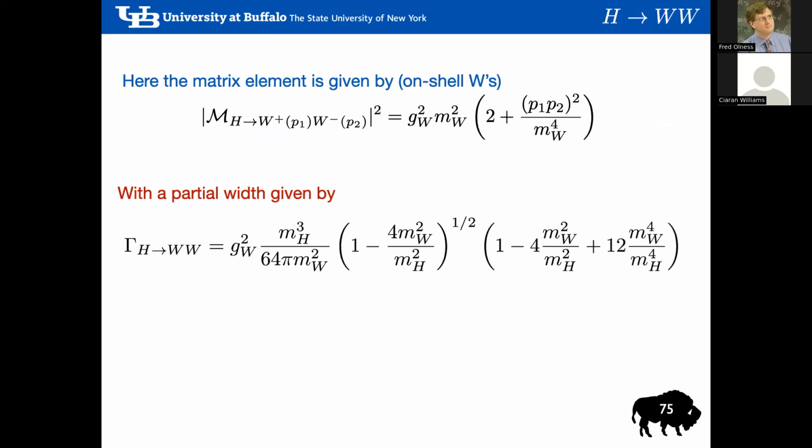Now, if it wasn't in the evening and we wanted to do the real calculation, we can calculate the proper matrix element for decaying to on-shell WWs as follows, right? And with that, we can then put the decay width into the partial width. This is no approximation, this is the real formula at tree level for a decay of a Higgs to 2 on-shell Ws. So this is probably for a heavier Higgs, but it was enough to show us our point, because if we look at the scaling here, this is MH cubed over MW squared.